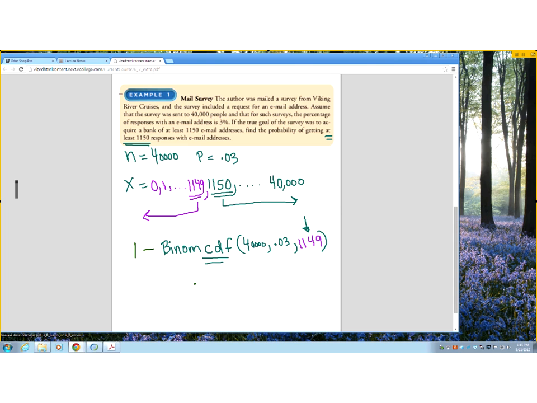Okay, so I see that I have 2 of you saying 0.9313. If you didn't get that answer, let me know and I'll pull up the calculator.